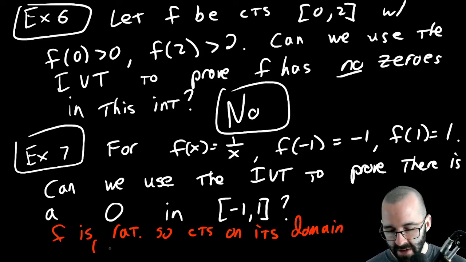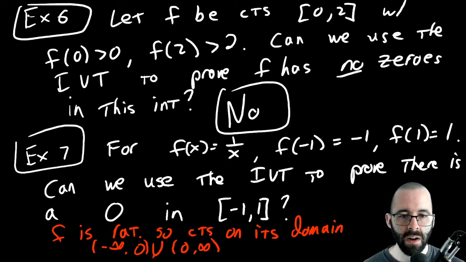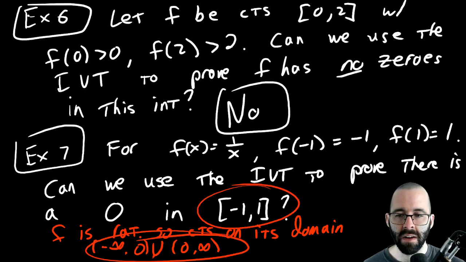And again, its whole domain is -infinity to 0, union 0 to infinity. Oh. It's not continuous at 0.